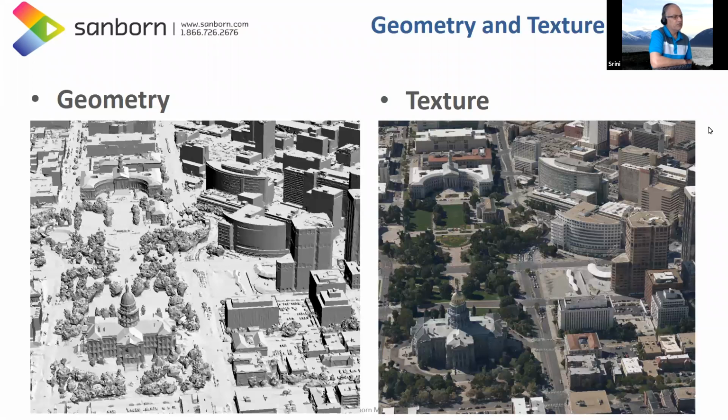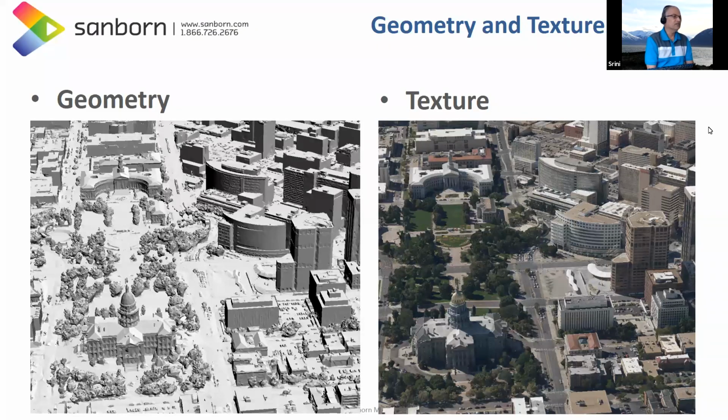Whatever the product, whether it is from LOD 0 to LOD 4, there are 2 important aspects that need to be considered. One is the geometry, the other one is the texture. Geometry is primarily the shape, and texture is something that gives you the visual perception in a 3D model. Now, as Jason mentioned, there are various geospatial data Sanborn collects, primarily LiDAR, predominantly aerial LiDAR, as well as static LiDAR inside the building.